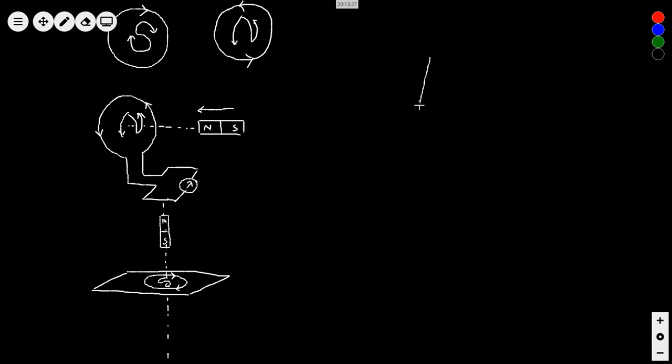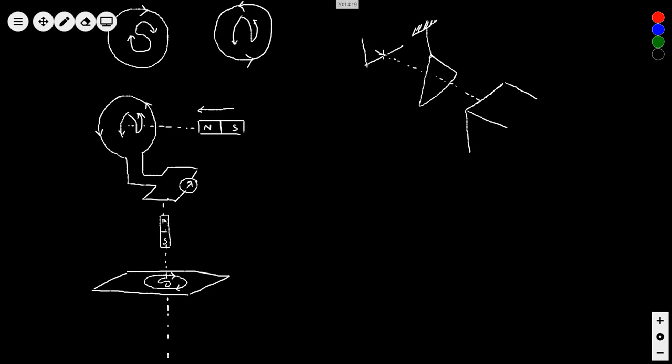Imagine this is a triangular coil, connected to a suspended string. Do you understand the situation?